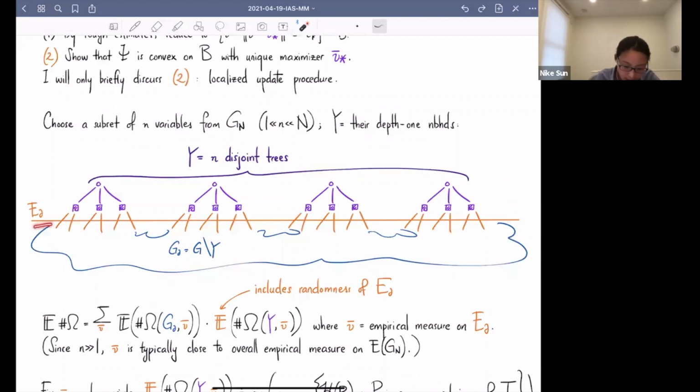So here I have some fixed empirical measure of colors, and I re-randomize the structure which is above. So I'm going to re-randomize these edges. I will cut these edges and, for example, rematch this edge to this clause. And I will also re-randomize the plus minus signs of the edges which are above. And I can do this separately from what is below the line.